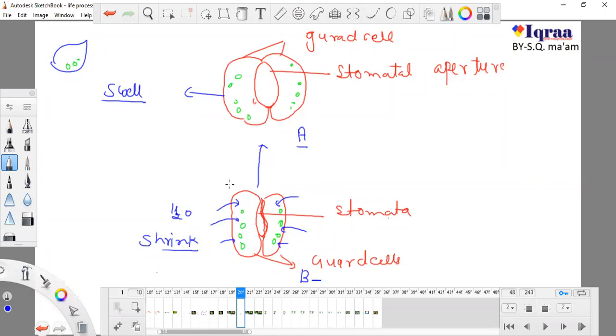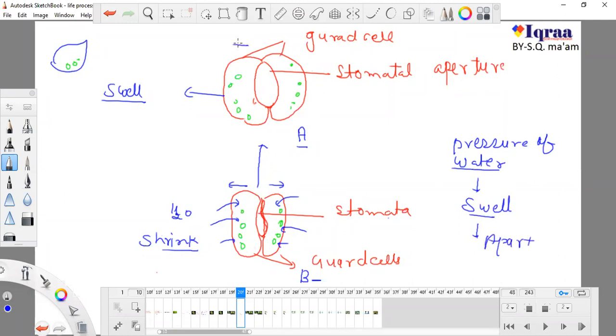Due to the pressure of water getting inside, the guard cells swell, and as the swelling occurs, they will go apart, they will go away.